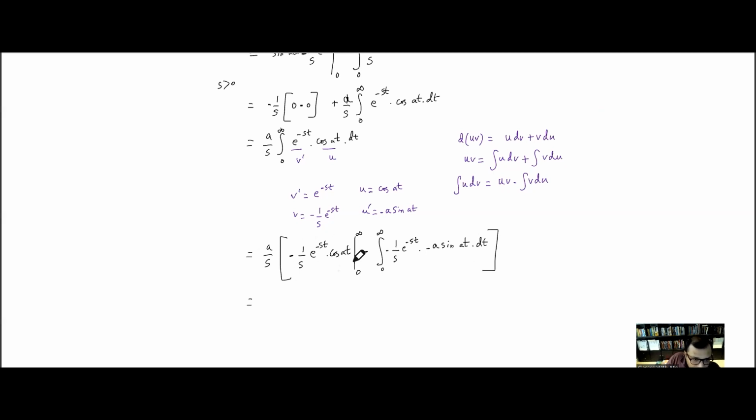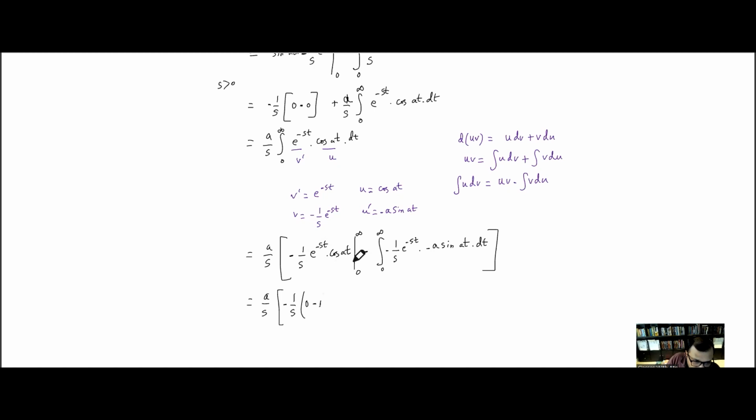Now let us evaluate this part. So a by s is outside, minus 1 by s e to the power minus st when t tends to infinity and s is greater than 0. This will go to 0. Minus, at t equal to 0, this tends to 1 and cos 0 tends to 1.